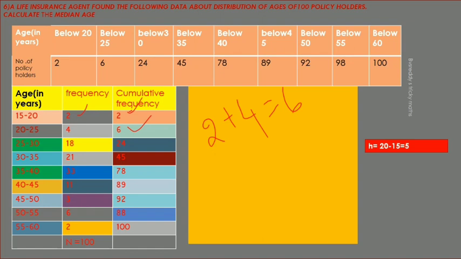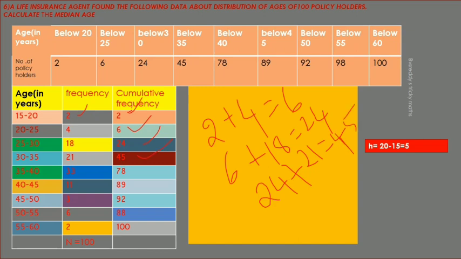Frequency, cumulative frequency. How can you get cumulative frequency? Take the first frequency 2 and write it as 2, and for the second one add 2 plus 4, that equals 6. Again 6 plus 18 is 24, 24 plus 21 is 45, like this. We add frequencies to get cumulative frequencies, and the sum of the frequencies is 100.